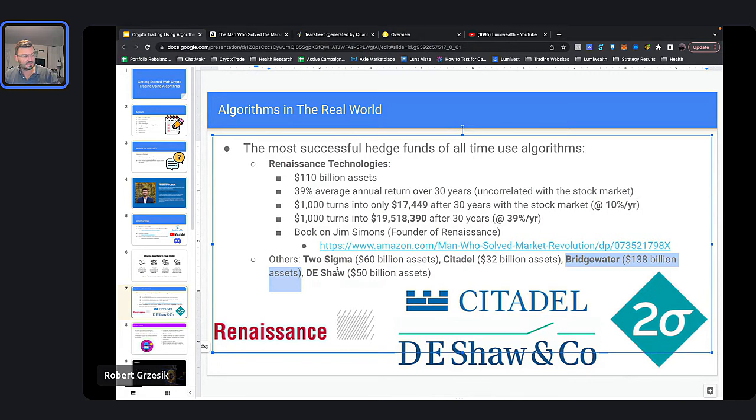They have a lot of these data scientists that figure out how to invest. They have a human being at the end of the day that pushes the button, but a lot of this is still powered by algorithms and data science, right? In fact, most hedge funds these days are pretty data science heavy, so we cover a lot of data science in this class as well.